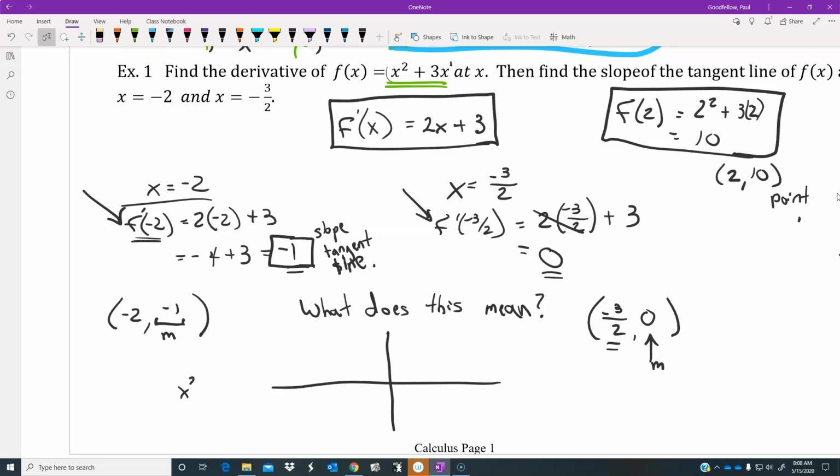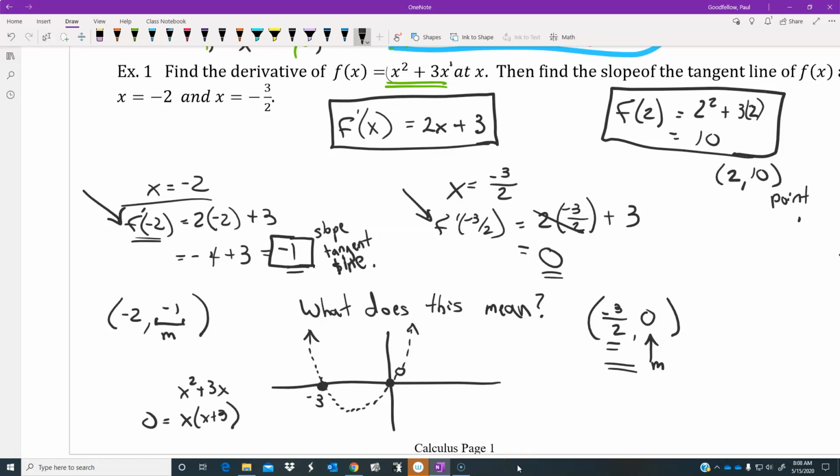I'm going to say x squared plus 3x, and I'm going to take the x out and get x plus 3. If I set that equal to 0, I get a couple of x-intercepts: 0 for one of them, and -3 for the other. So this parabola would come down like this, and it would end up coming back up like that.